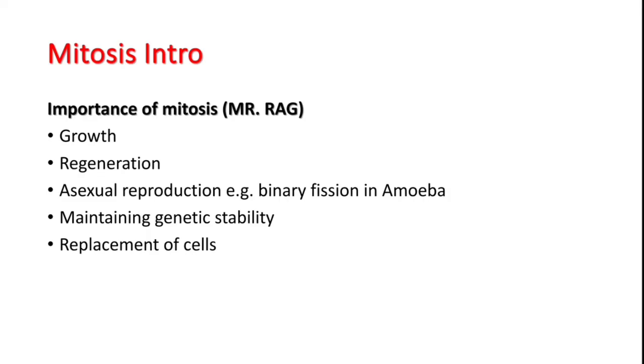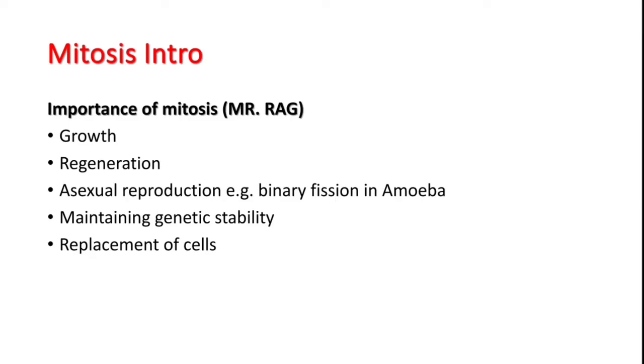I don't know what comes after. But what you need to know is that the damaged cells are going to be replaced by the new cells through the process of mitosis.